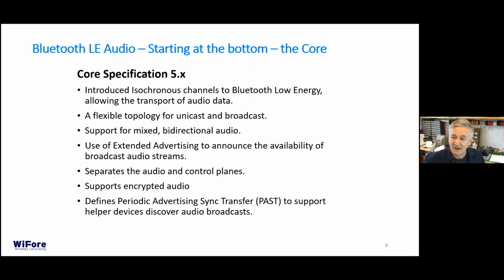Broadcast, as we've heard, is like an FM radio. Everybody who's within range can hear it. But if you've got lots of different channels being broadcast, you have the question of how do I listen to the right one? So we've got a new way of providing what are called advertisements in Bluetooth. That's how a device tells other people it's there, which have information about the content. So if you walk into a venue, you'll get information about which languages are available for you to listen to.